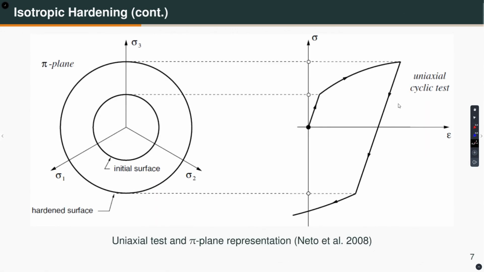Okay? So, let me show you another example. Let us say this is my initial yield surface, and on the right I am showing you the stress versus strain. Let us say we are loading in the sigma 3 direction, uniaxial state of stress. So, you move in this direction, you reach this point. Here in the stress strain you reach here.